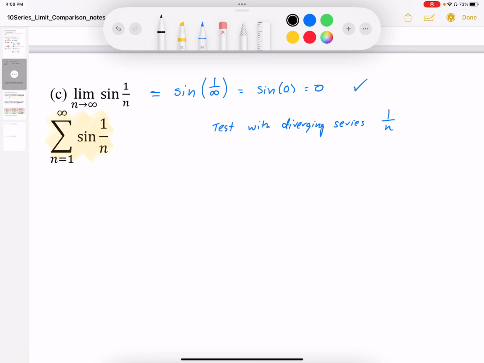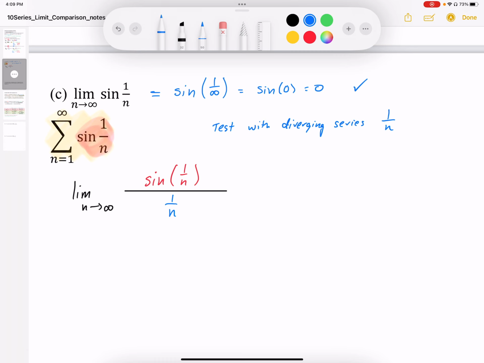So the limit's going to look like this: the limit of the nth terms compared to each other. So the limit as n goes to infinity, in the numerator, I'm going to have sine 1 over n. In the denominator, the known series 1 over n.